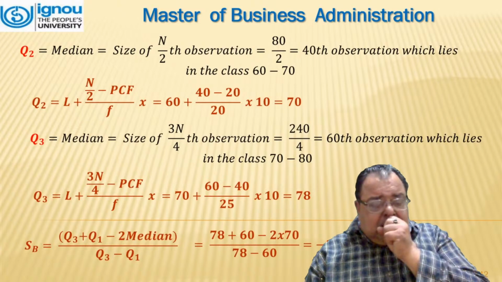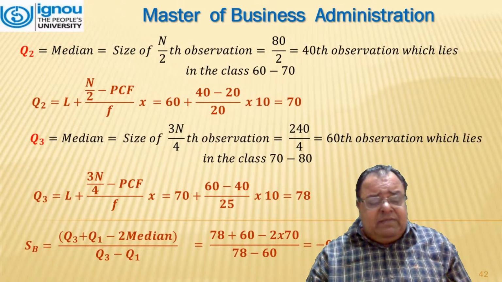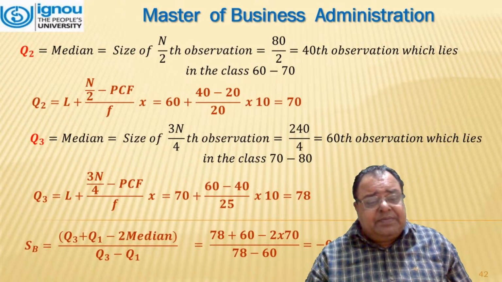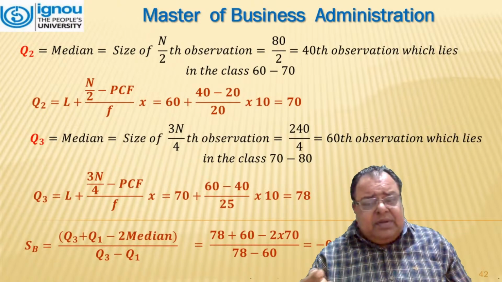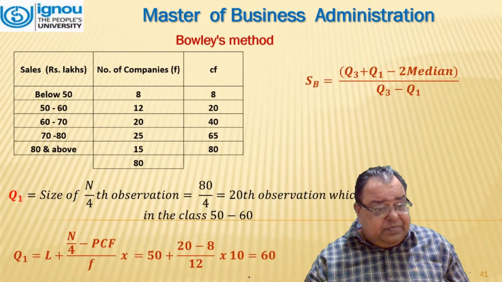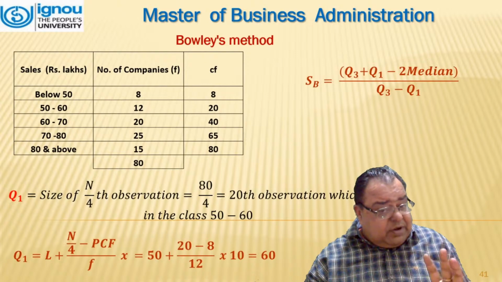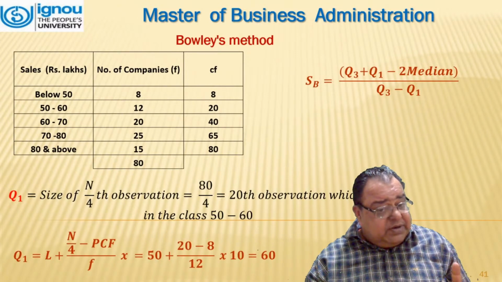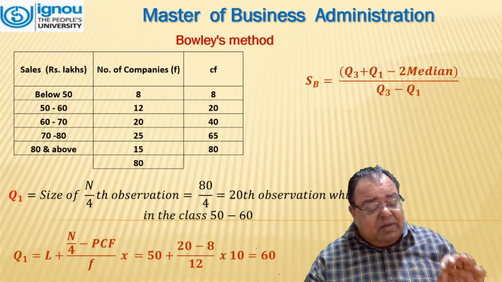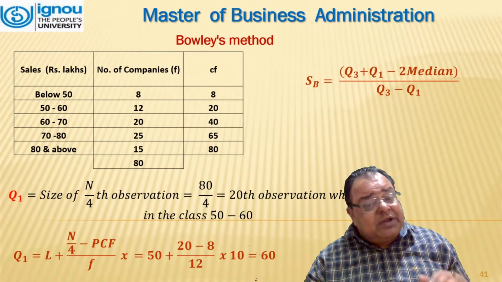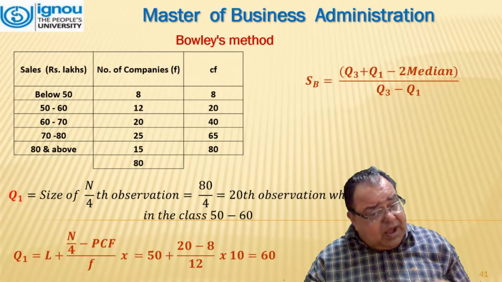Similarly, we will be evaluating Q3. That is the 3n by 4th observation. That comes out to be 60. Where does that 60 lie? As per the theory, the value will lie in the cumulative frequency column where it is 60 or somewhat above 60.